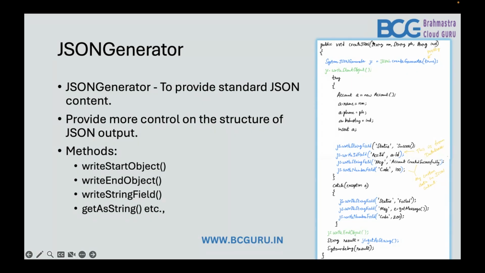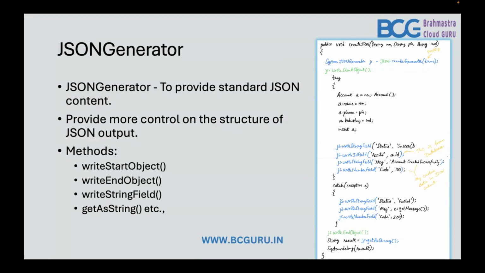So for this method we are passing values, and then we are using the JSON generator. Here it takes the parameter true. That means it beautifully designs the JSON string that is generated.